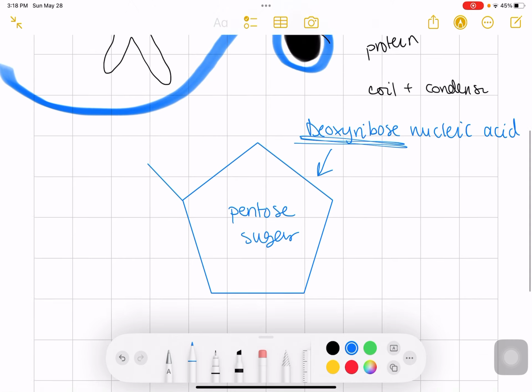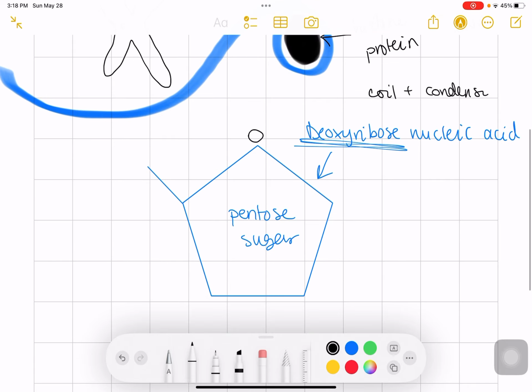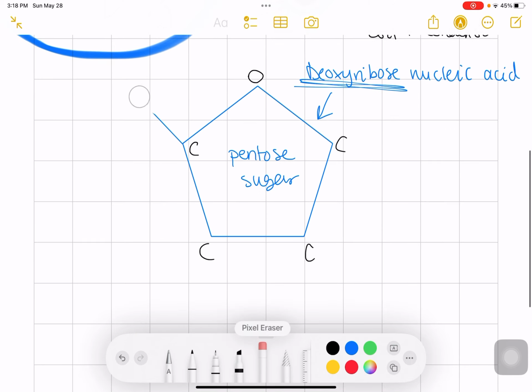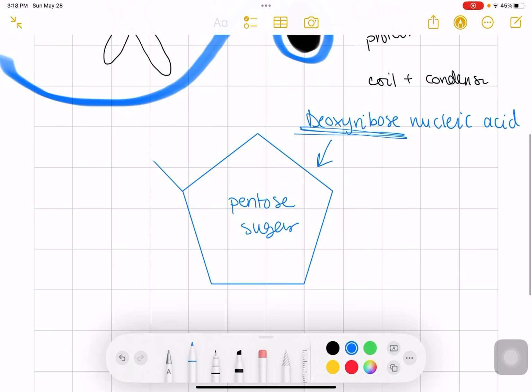The pentose sugar has an O, has a C, and here's another CH2. But anyways, those are just the C's and the O's, which you should know. Let's leave this diagram a little simpler right now. We have this pentose sugar, and that's what you need to know. It's mainly a sugar.